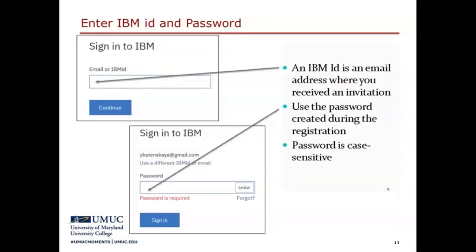Something else to remind you. If you already had an account under my subscription, your account is still active and you still have access to your files. But if you don't remember your password, you enter your IBM ID, and then click on Forgot, and then go through the password reset steps.